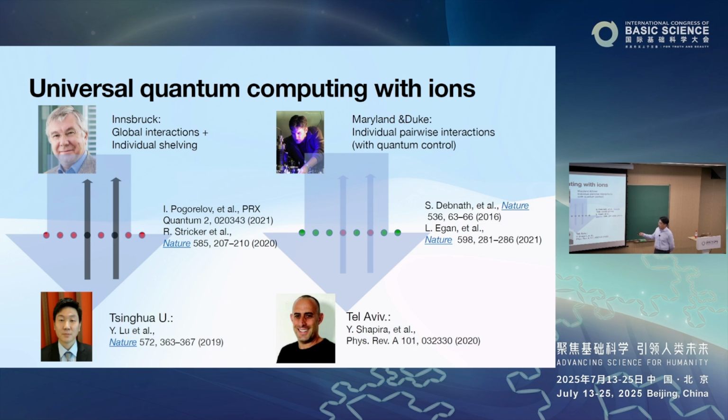But the problem is that all the normal modes of motion, because of the Coulomb interaction, is such a long-range interaction. All the ions will couple through the normal modes of motion, and you have to trace that out with certain numerical optimization techniques.